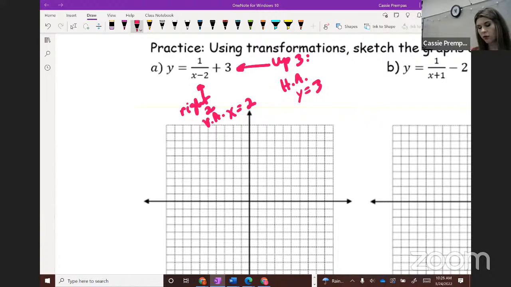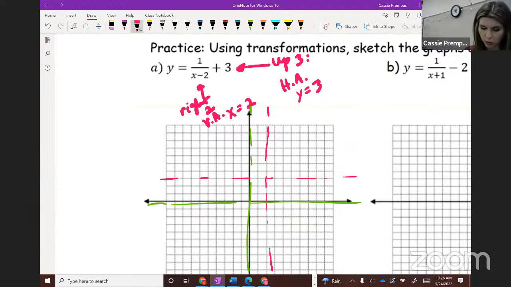This is my preference. If I know the graph's going to move right 2 and up 3, you can start with the parent graph, but I prefer to start with the asymptote. So the vertical asymptote is going to shift to the right 2, so now it's going to be at x equals 2. The horizontal asymptote is going to shift up 3, so it's going to shift the entire graph 1, 2, 3. And now the new horizontal asymptote is going to go here.